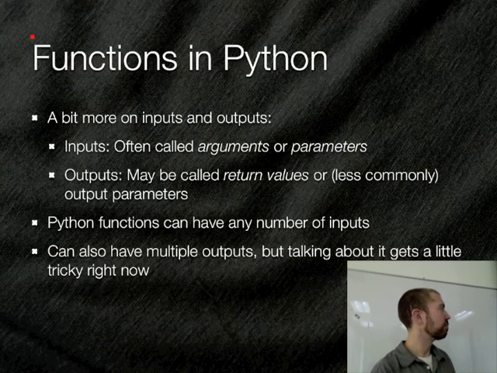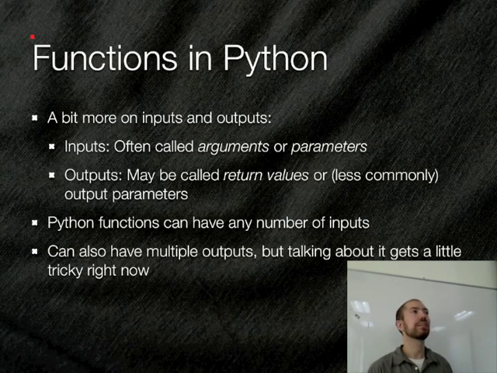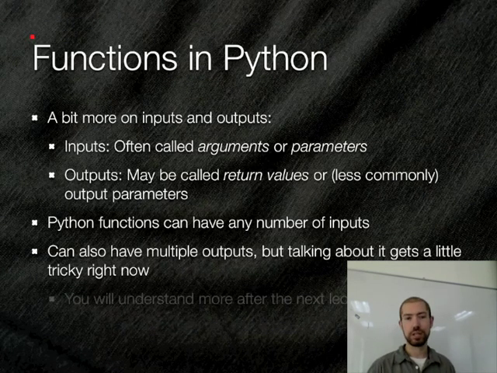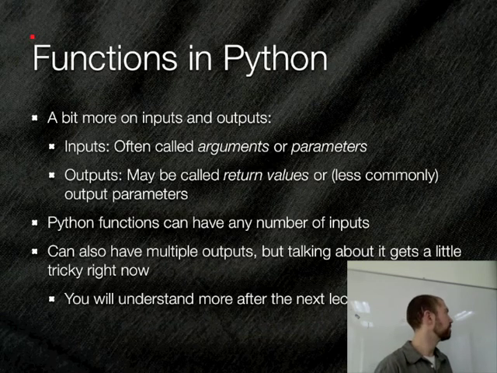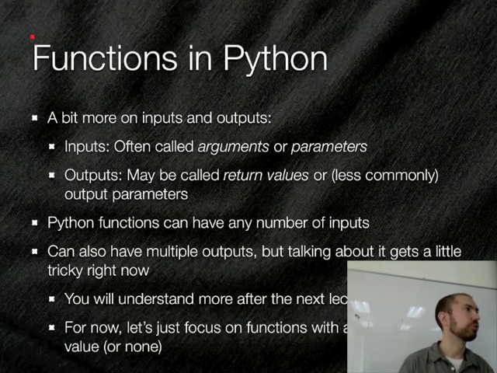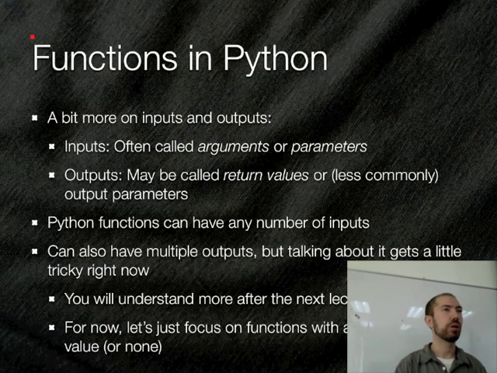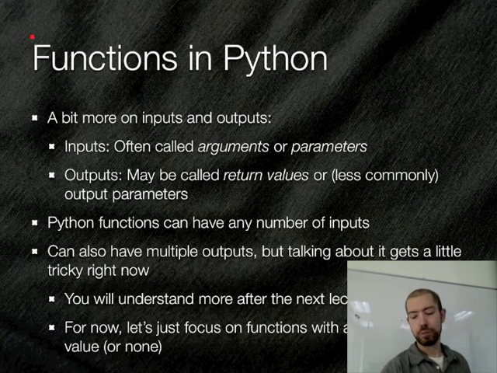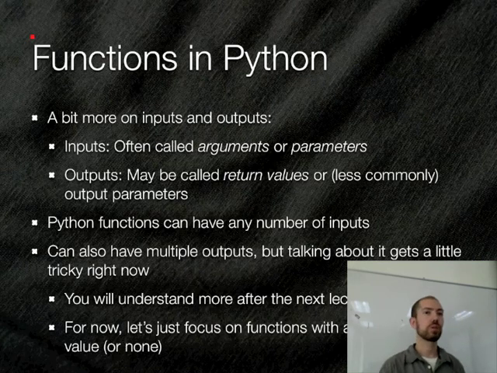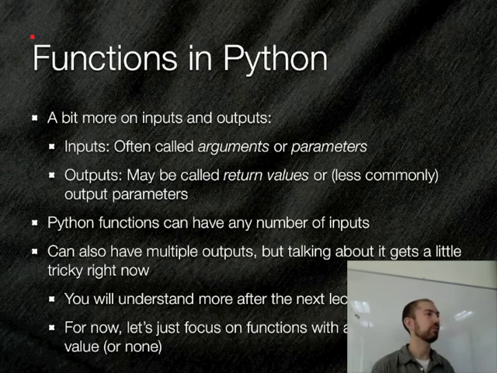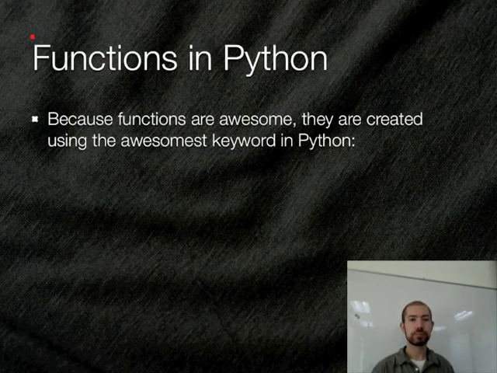And it can also have multiple outputs, but talking about that is going to be a little bit tricky until next week. So for right now, let's just focus on functions that only spit out a single output and not worry about how you might return multiple pieces of information. Okay, so that's again just stuff for your reference, but it'll make some practical sense pretty soon here.